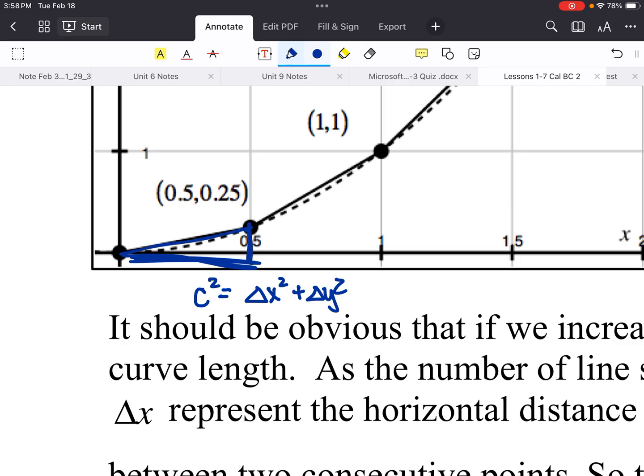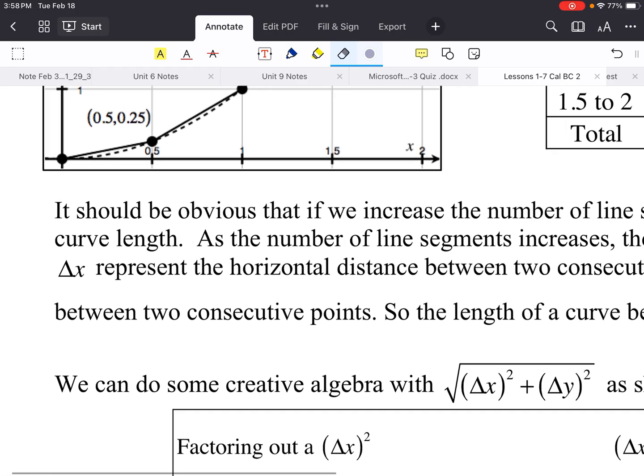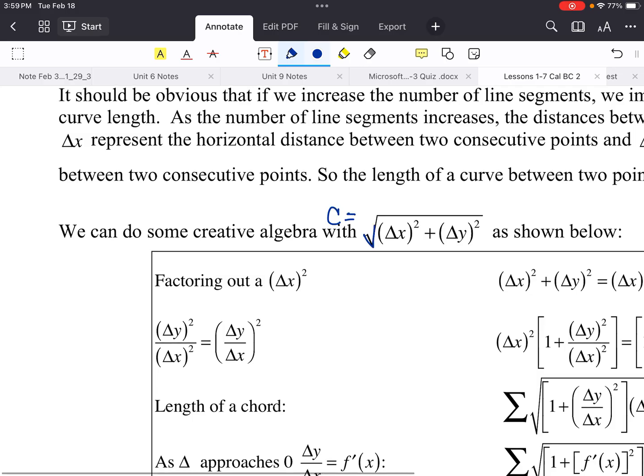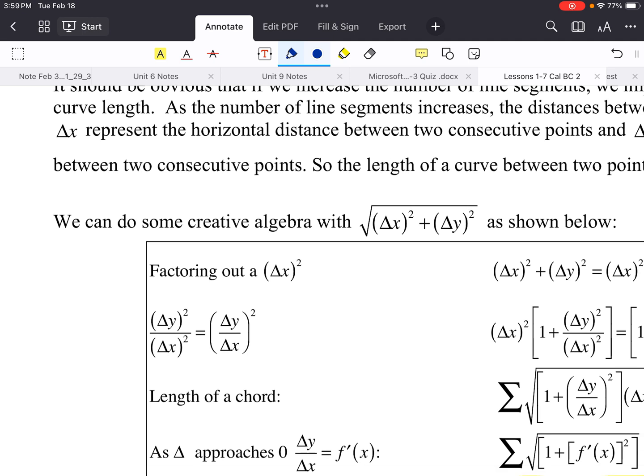So that's kind of like a different version of the Pythagorean theorem. If I were to take a squared plus b squared equals c squared, but in terms of change in x and change in y, then this is what I would get. I would have the distance equals, not c squared, c, because we took the square root of both sides, the square root of change in x squared plus change in y squared.